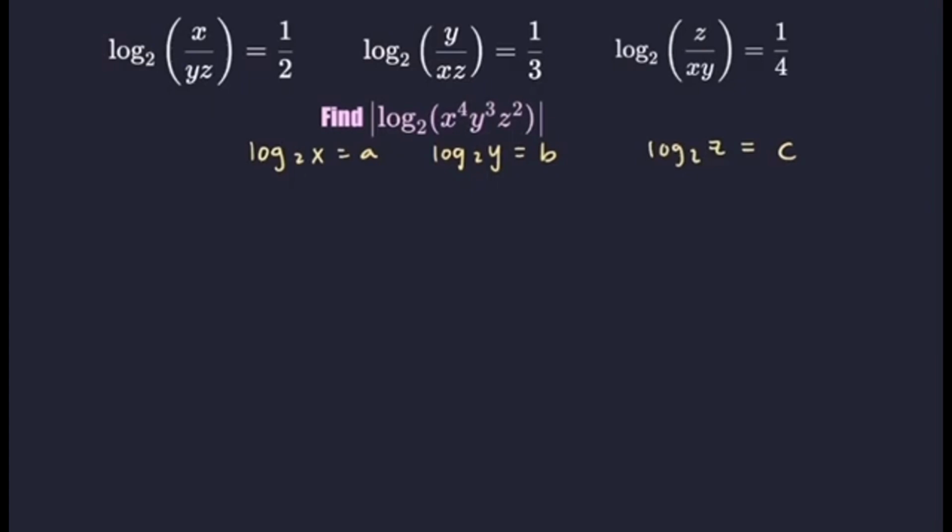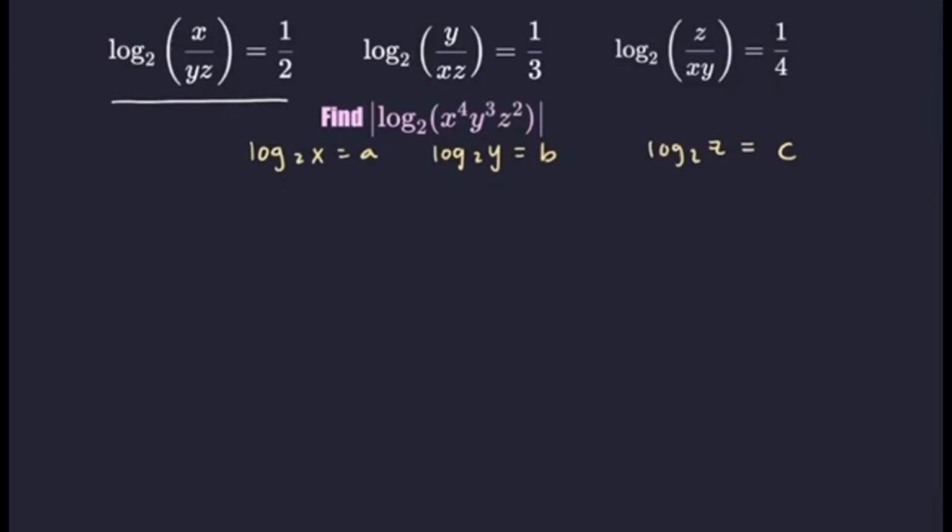The reason why I'm setting these variables is later on you'll see that we're going to be writing log base 2 of something, x, y, or z, many times. And it can get kind of hard to evaluate visually if you have written log base 2 so many times. Setting variables makes it easier to write and also visually easier to analyze.